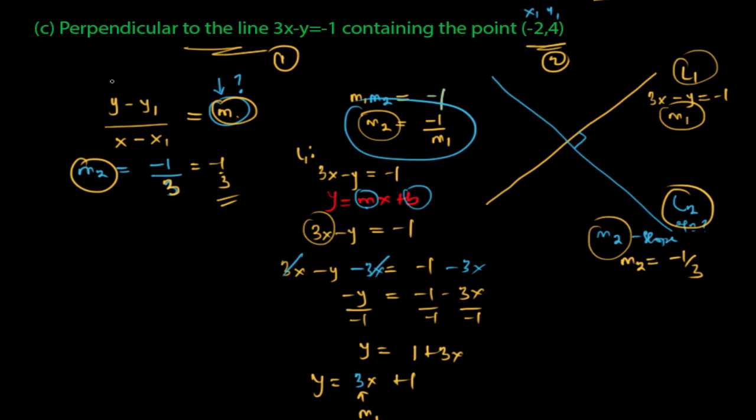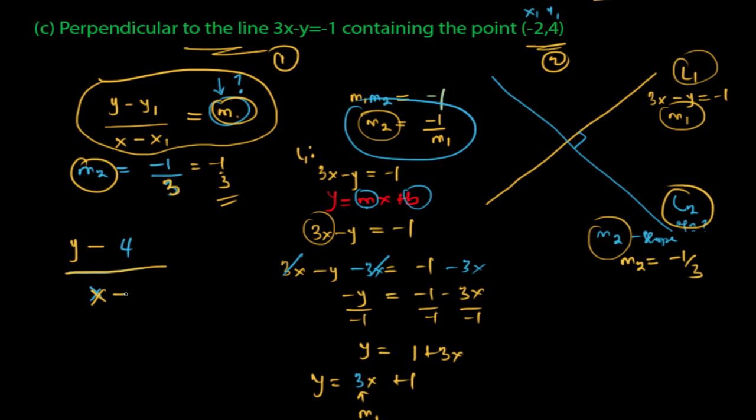So let me now use this formula that I have here. It says y minus y1, and my y1 is 4, divided by x minus my x1. My x1 is -2. This equals the slope, which is -1 all over 3.